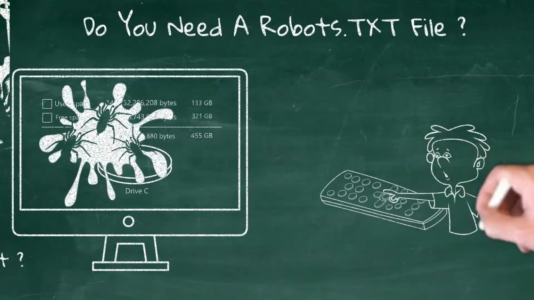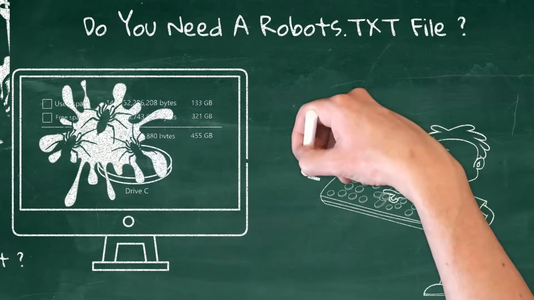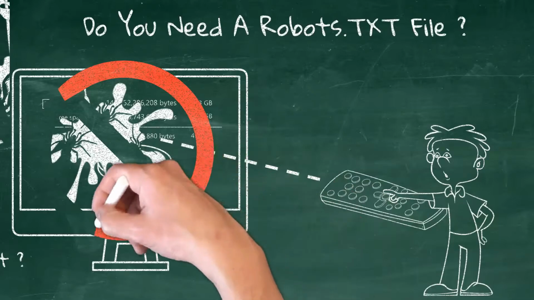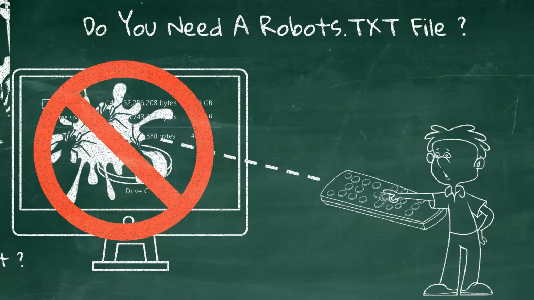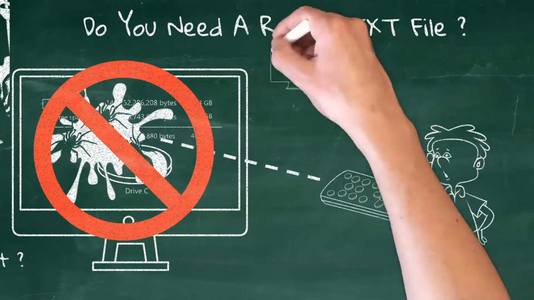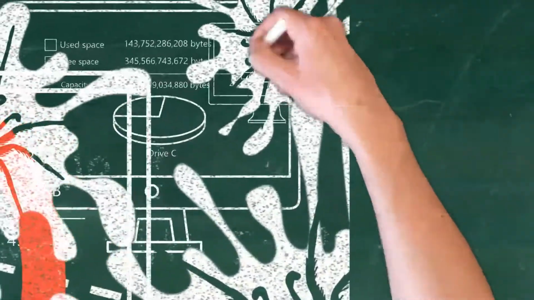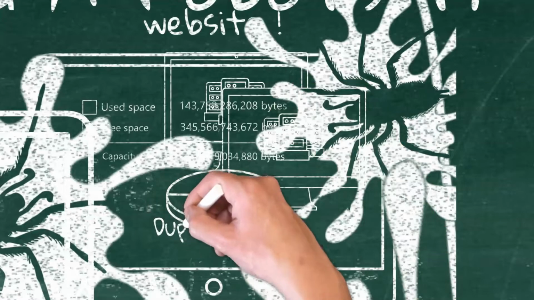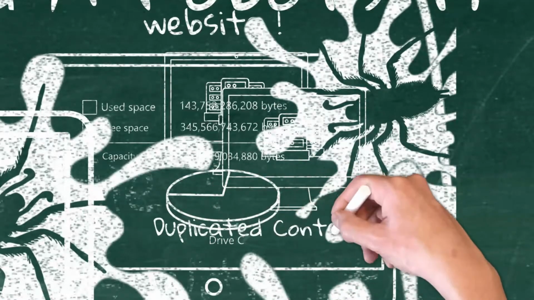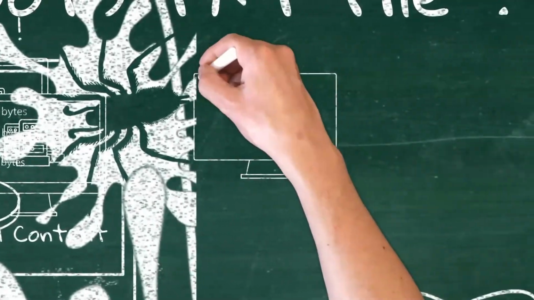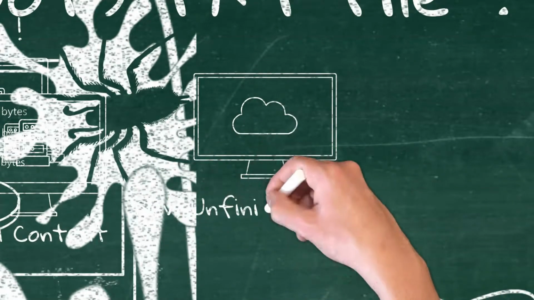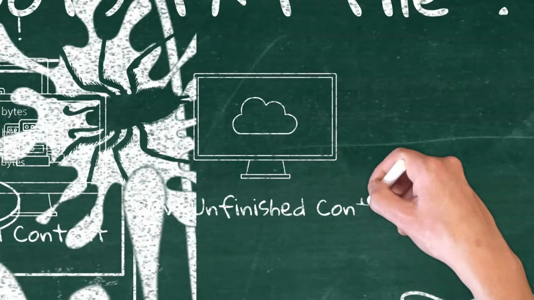They just give you more control over where search engines can and can't go. For example, it can prevent search engine crawlers from entering duplicated content or content that you've repeated.